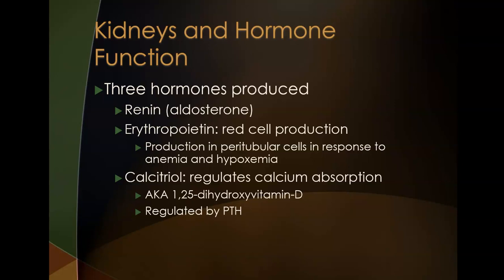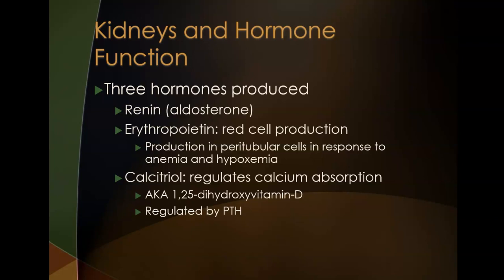The peritubular cells, the cells around the tubules, sense anemia or hypoxemia. Basically they're sensing not enough oxygen arriving in the kidneys, which could be because there's a problem with blood flow to the kidneys, or there's not enough red cells to carry the oxygen.